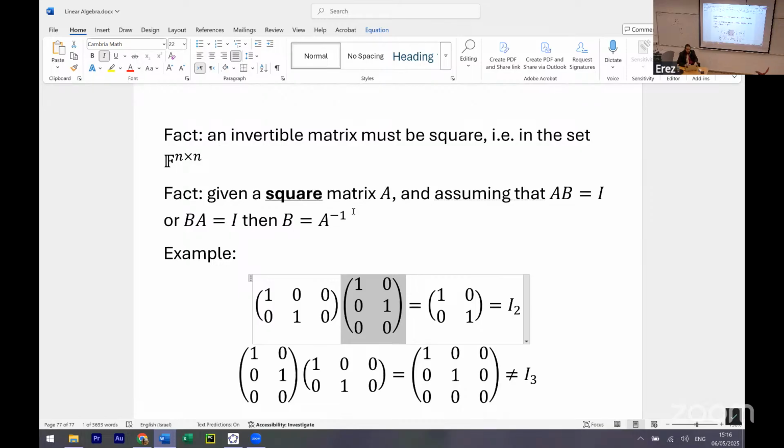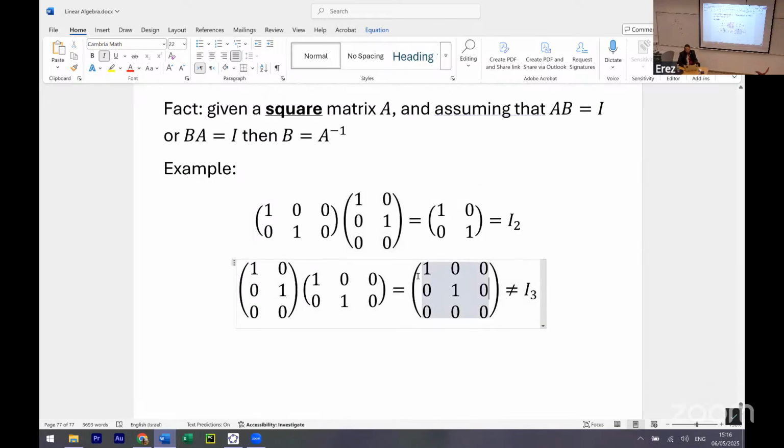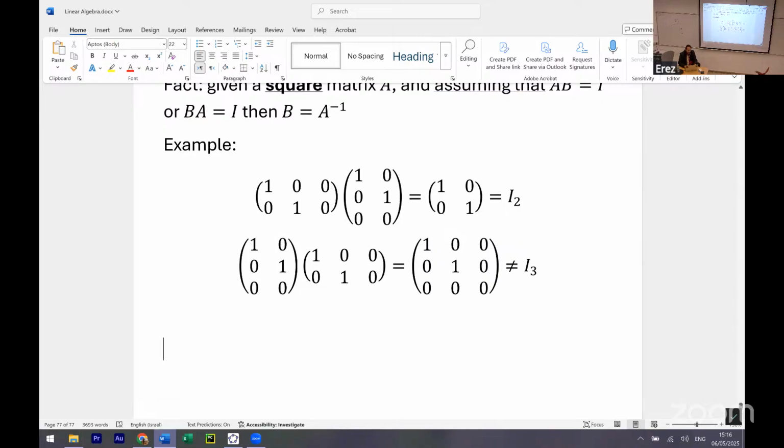Quick definition. I never know when to do it because it's not connected to most things, but we sometimes do it. Definition, the transposition of a matrix.